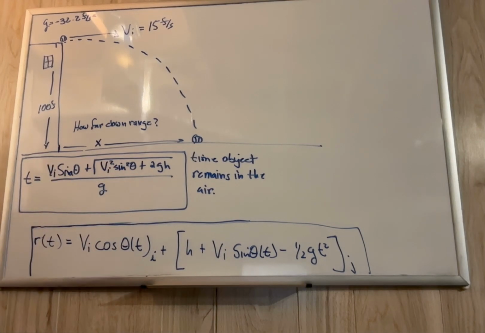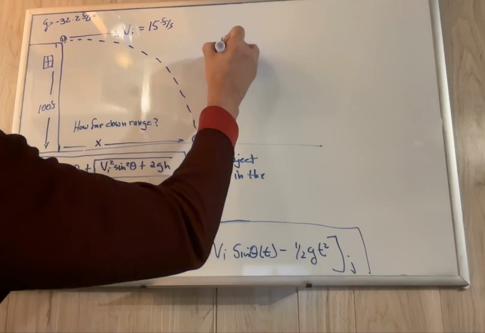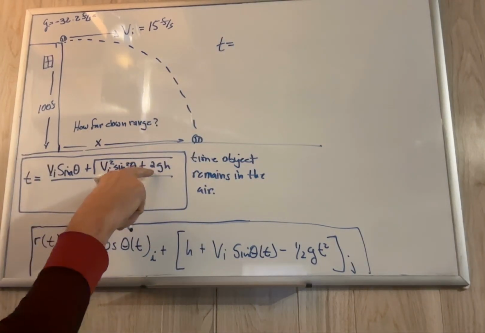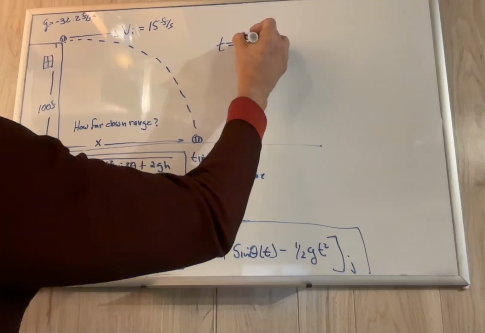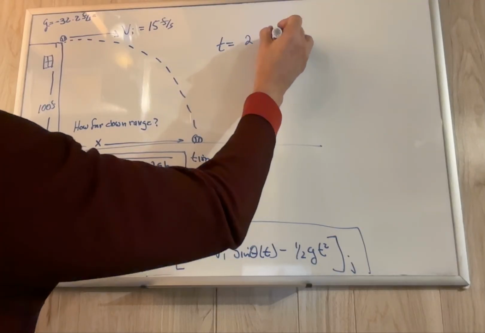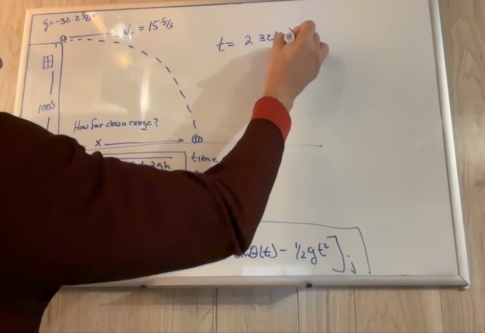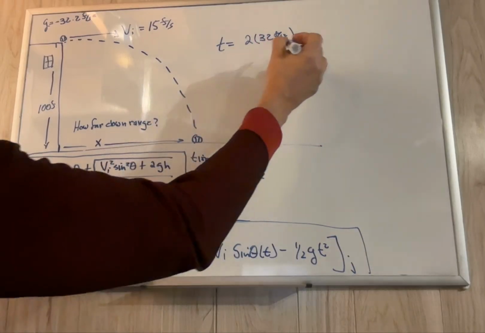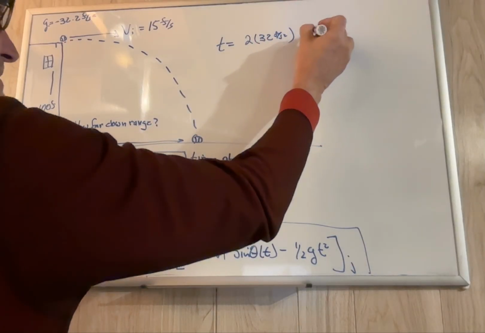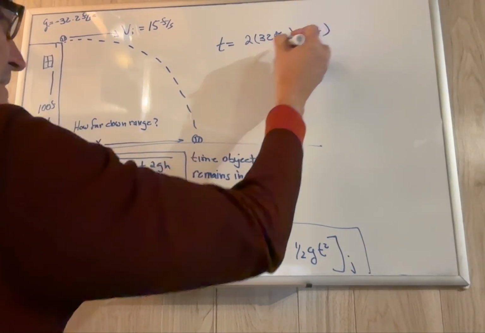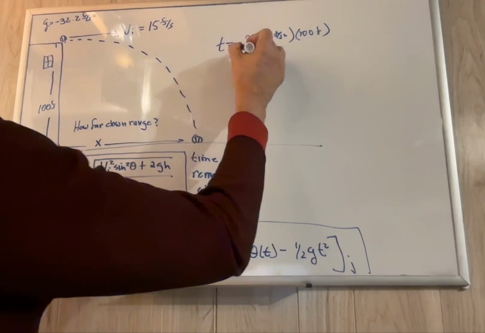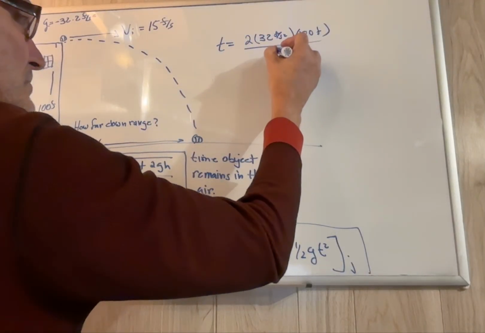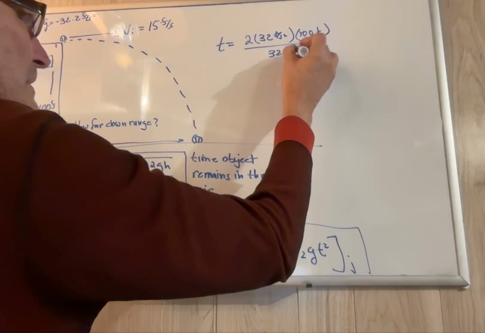So you end up with time, in this case, being 2 times g, which would be 2 times 32 feet per second squared, times the height, which is 100 feet, and then we're going to divide that by 32 feet per second squared.